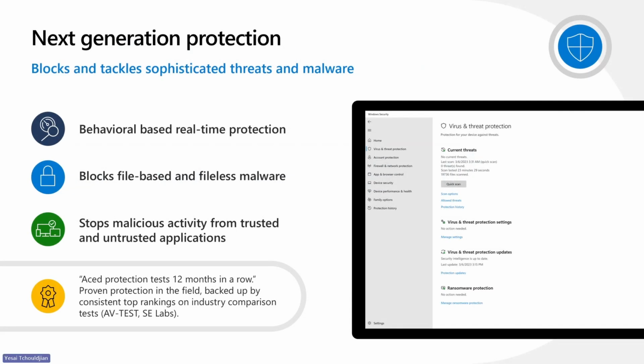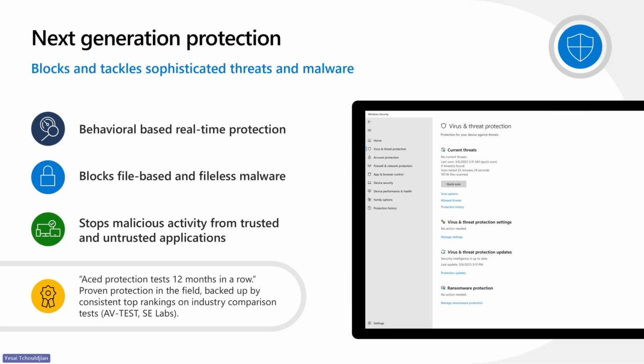I mentioned next generation protection, real-time protection, right? So Defender for Endpoint uses behavioral-based real-time protection. What that means is it's not necessarily dependent on a scan. Your typical AV needs to run a scan every so often and says, oh, I detected a virus or malware. Well, that malware could have been running on your machine for a long time.